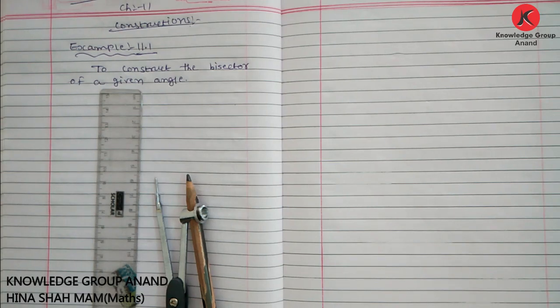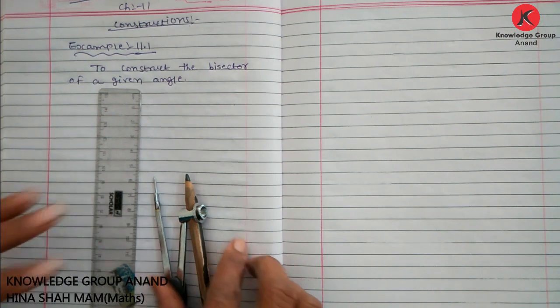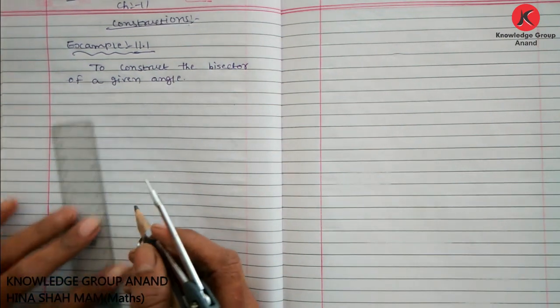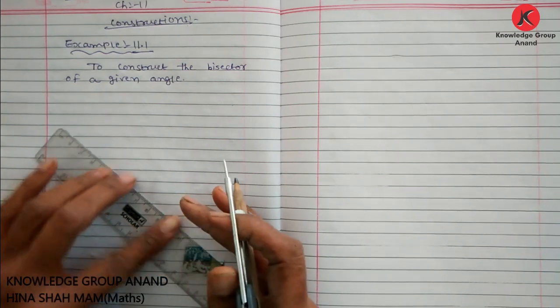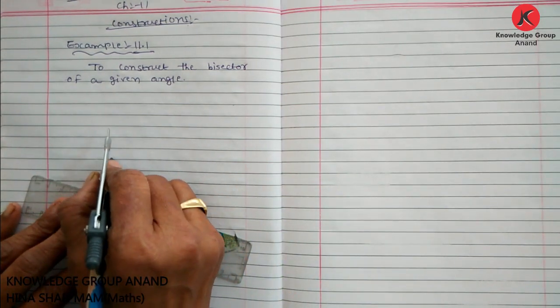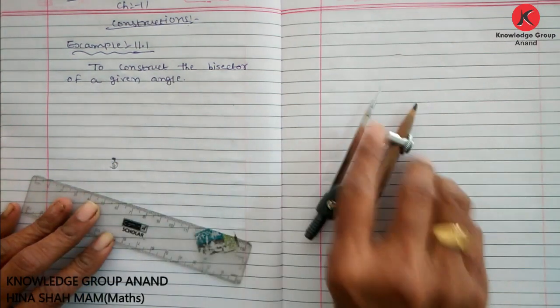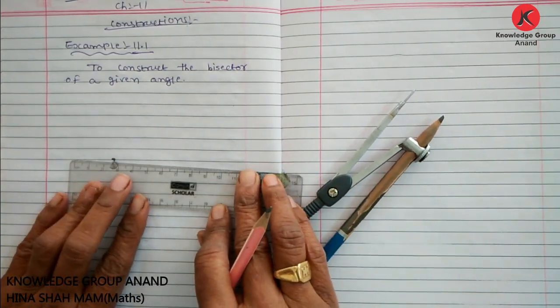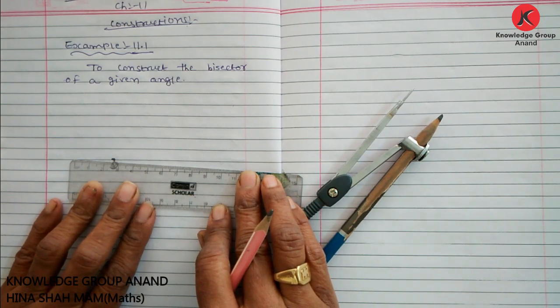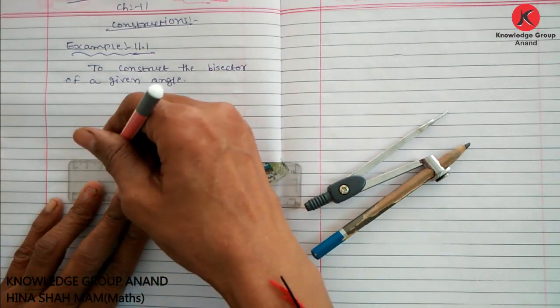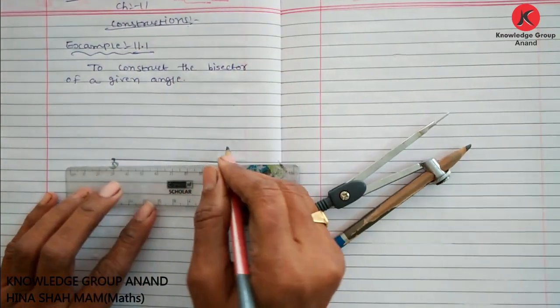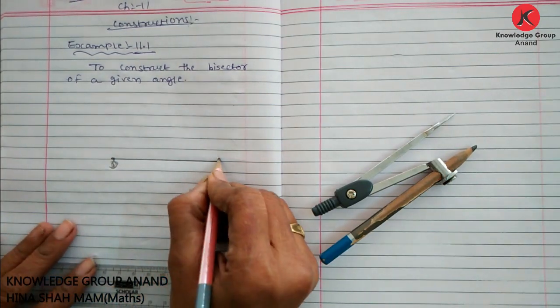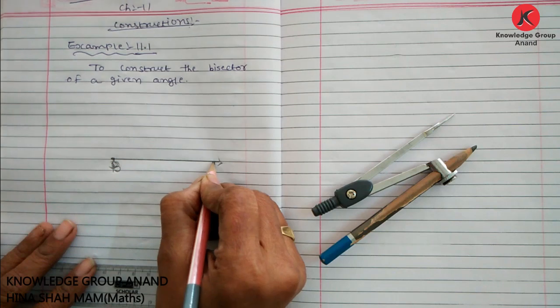We take a point D as center. Any ray, we take here ray BC.